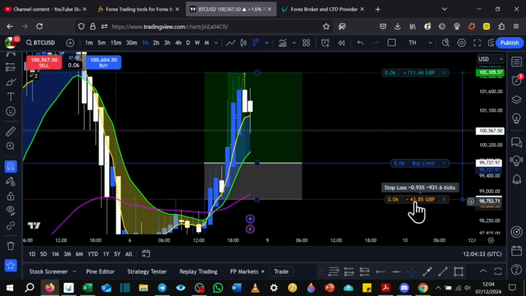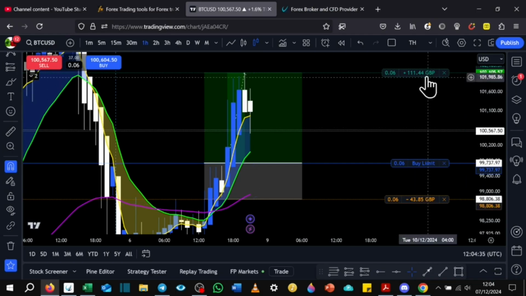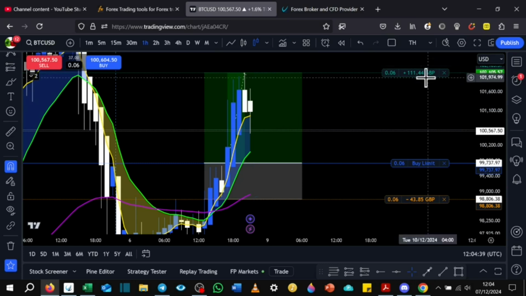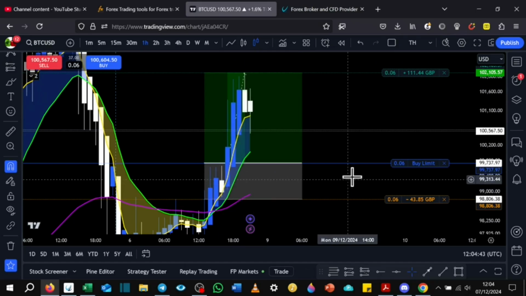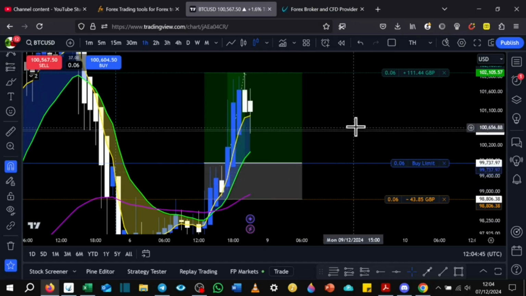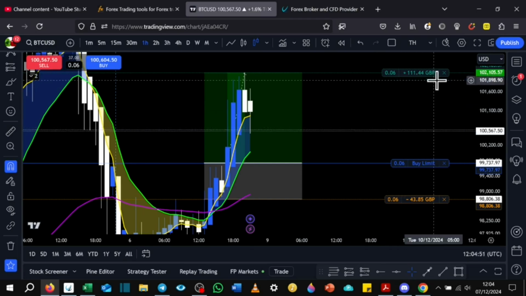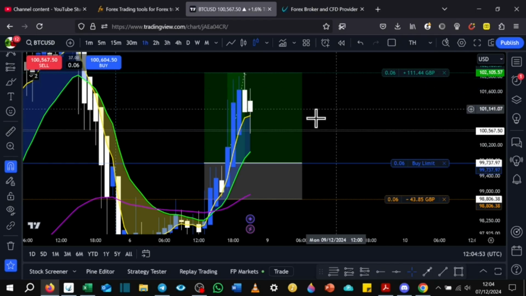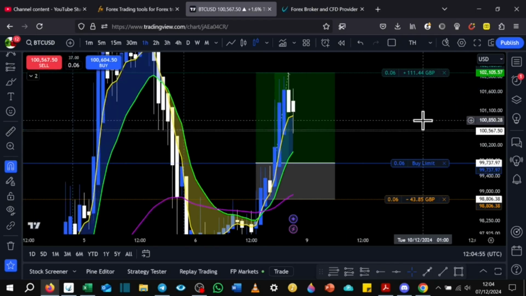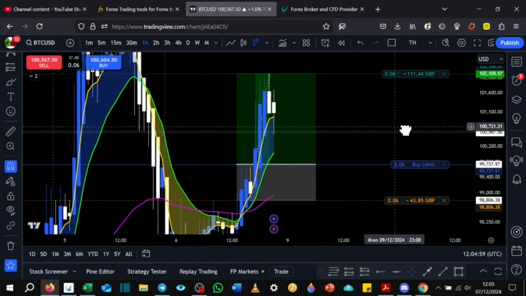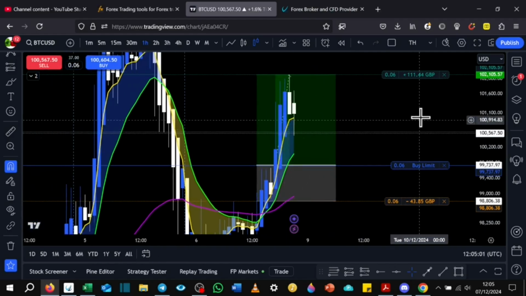And then as the winner, it should be around £10 or £15, something like that. You can work it out. It will tell you what you're gonna earn anyways. It's all calculated automatically. So that is how you place a trade through TradingView.